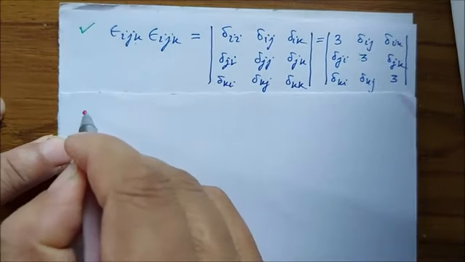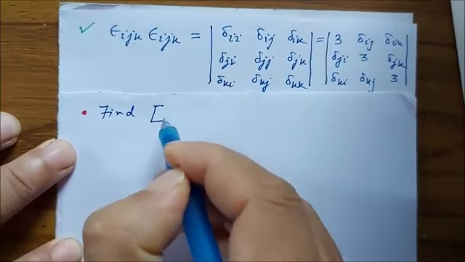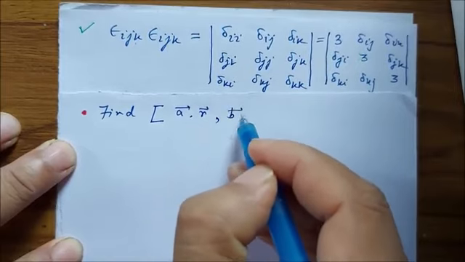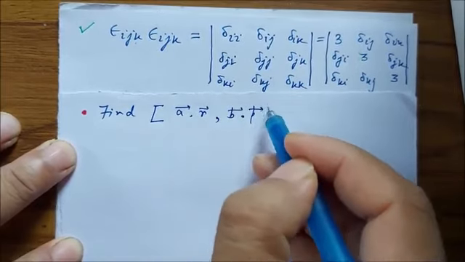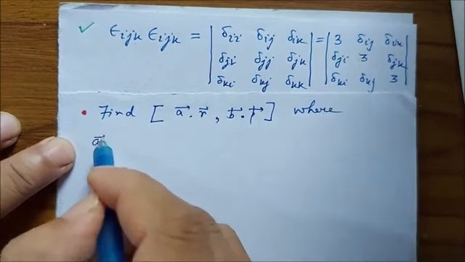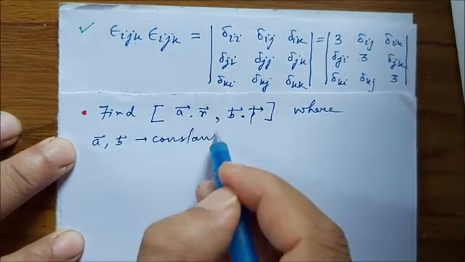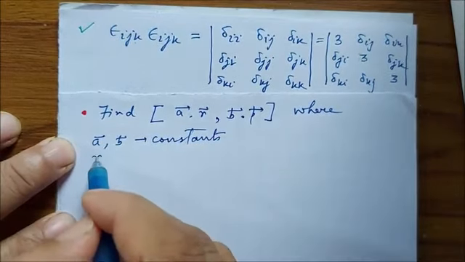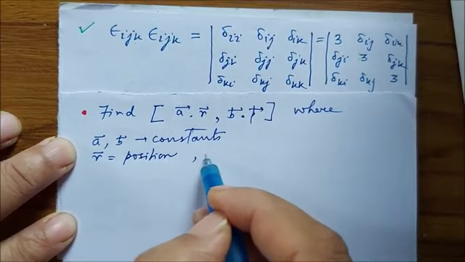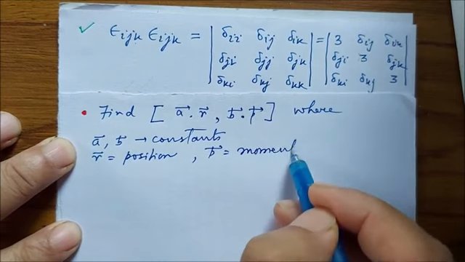Next problem, find this expression, where a and b are constants, vector r represents position vector, vector p represents momentum vector.